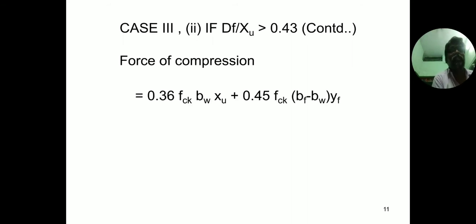Force of compression is 0.36 FCK BW XU plus 0.45 FCK (BF minus BW) into YF.